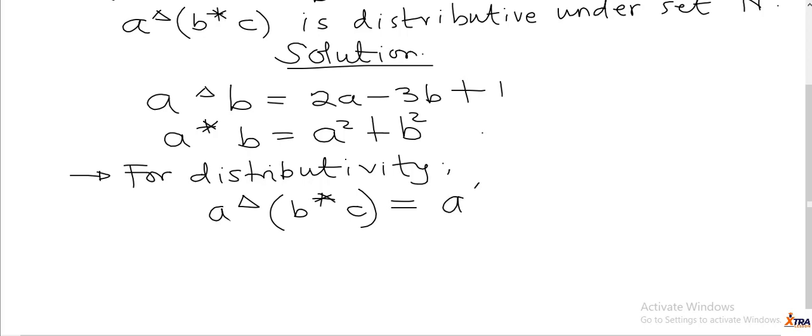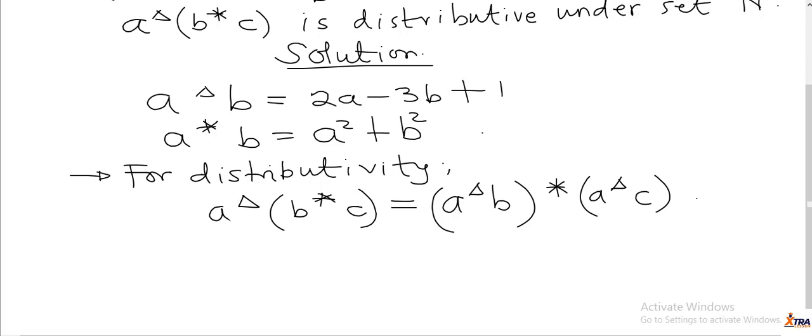A triangle B, then we have all asterisk A triangle C. So in the distributive property also, as we said in the last class, we'll be considering three variables, not just two. The distributive and the associative properties require three variables for us to work with, while the commutative and the closure require just two.